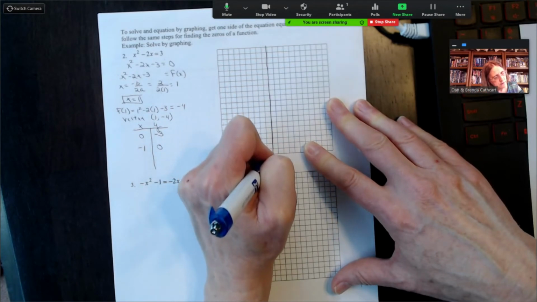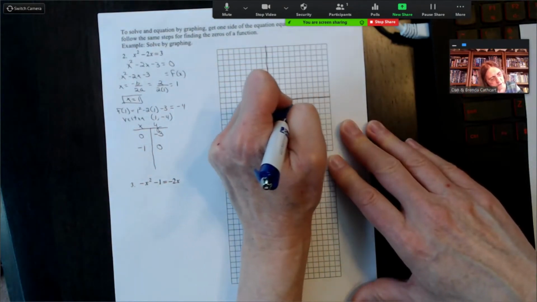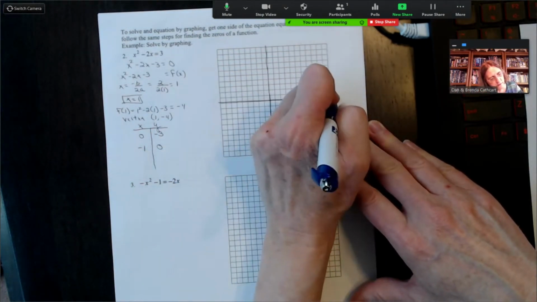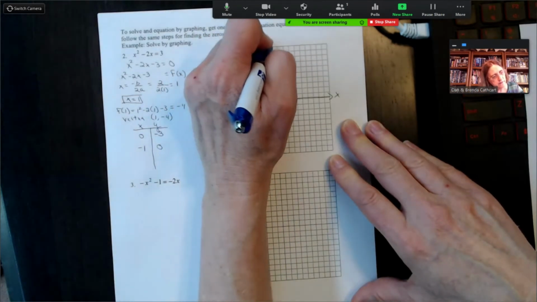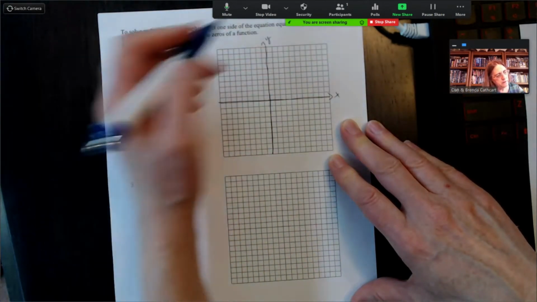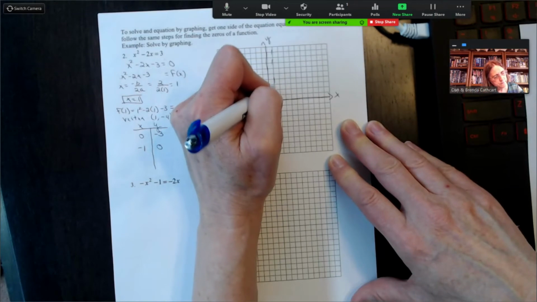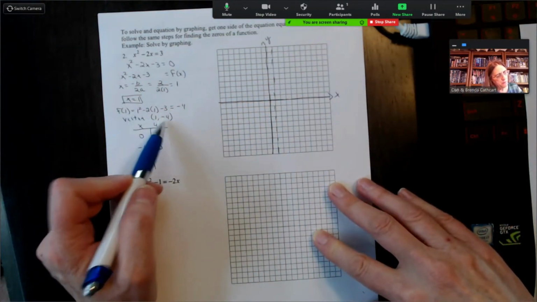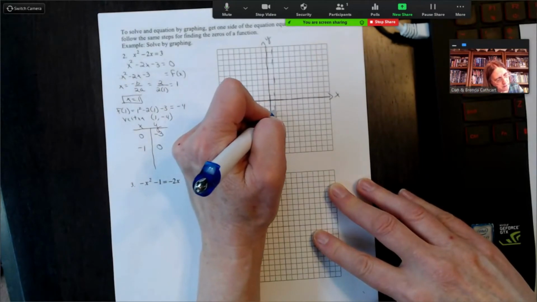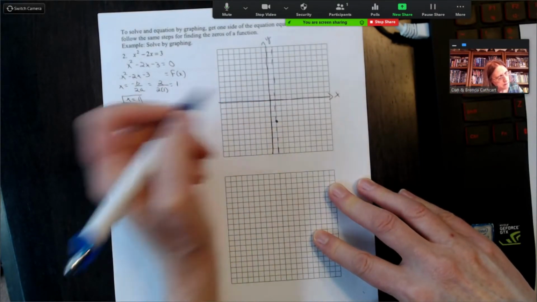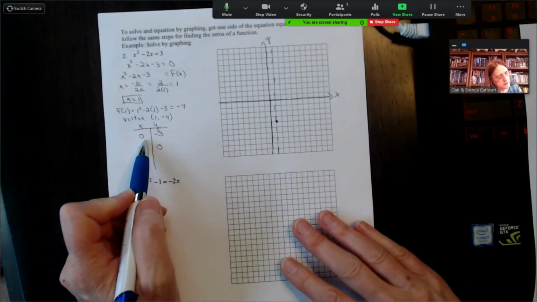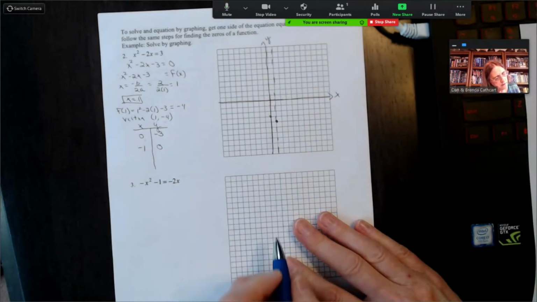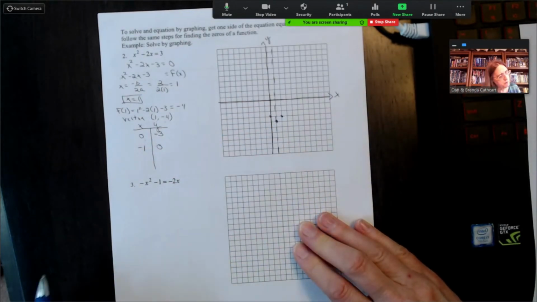Our values are fairly symmetric, so let's go ahead and do that on a regular xy axis. X equals 1 is our line of symmetry. And our vertex is at 1, negative 4. We're at the point 0, negative 3, and we reflect it over the line of symmetry.